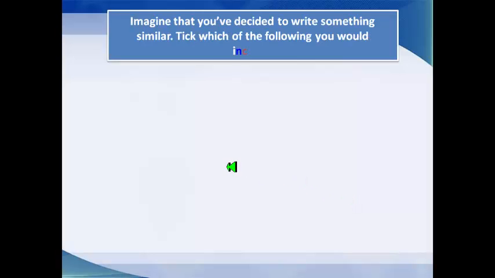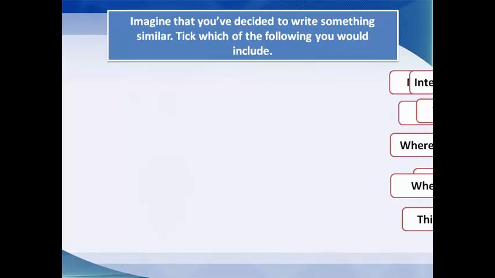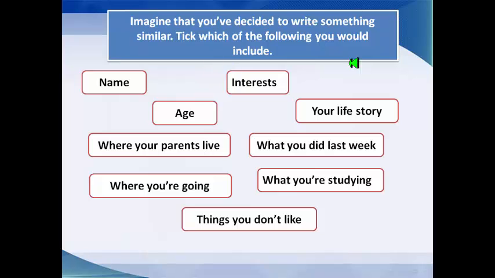Imagine that you have decided to write something similar. Okay? Imagine you are Abdullah and you are going to write something similar about yourself. Take which of the following you would include. These are the topics, okay, the items you have. Which ones are you going to use to write about yourself?